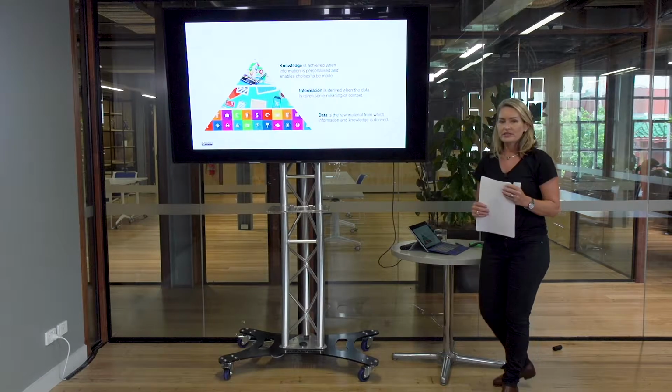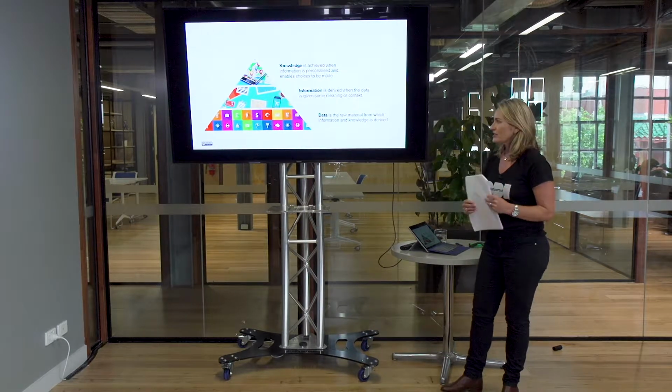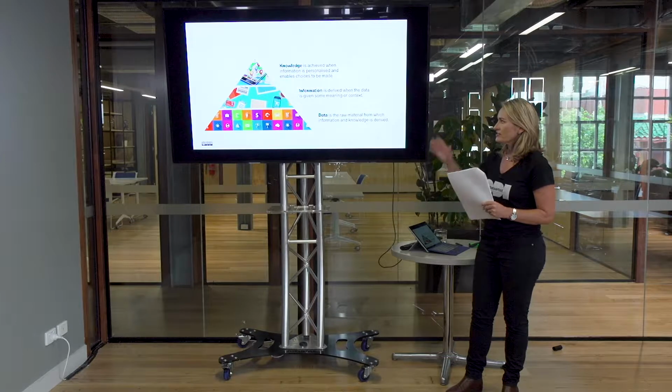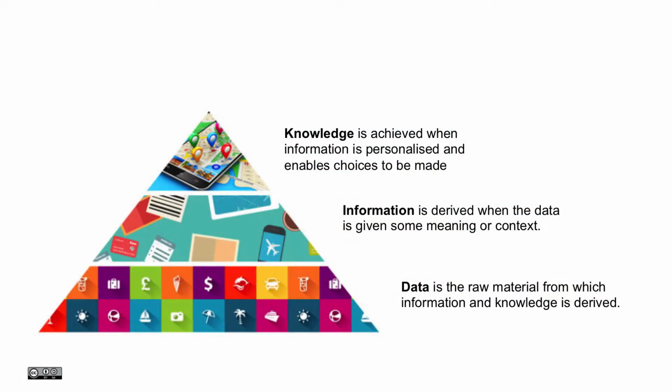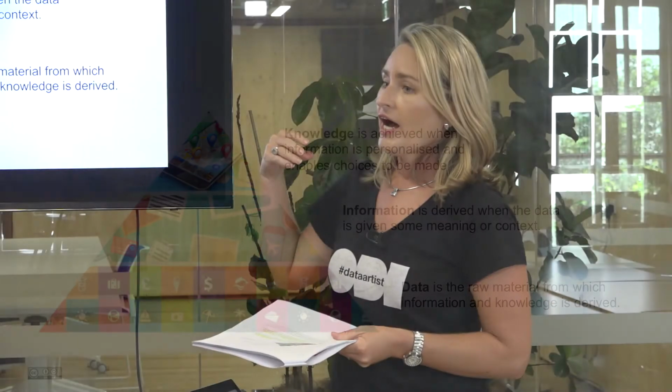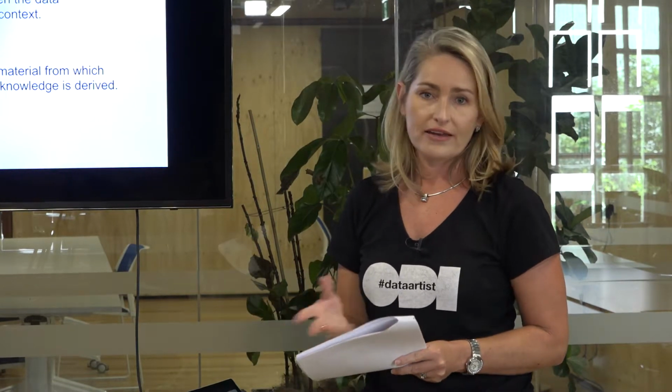Another concept that was spoken about in that introductory video by Dave at the ODI is this knowledge triangle, which is a very commonly known concept. In fact, a lot of people even put a W on the top for wisdom. So data is that raw material, the building blocks from which knowledge and information is derived. I'll give you an example in a beautician's case. A price list in her spreadsheet might look like just a lot of numbers and letters on a page.